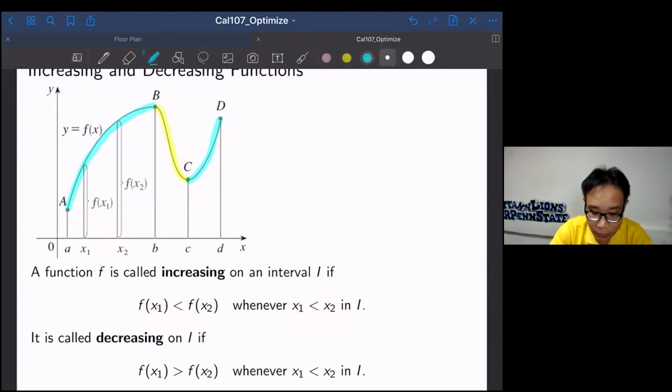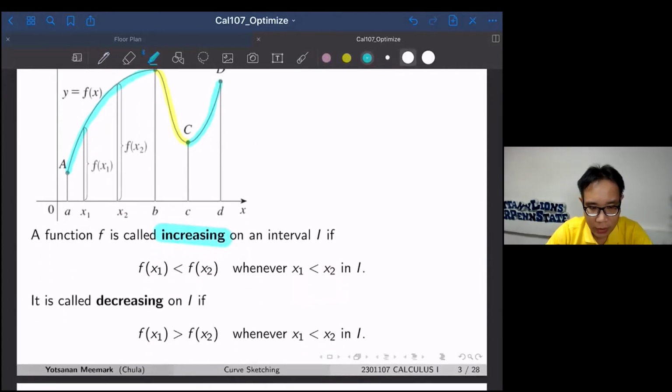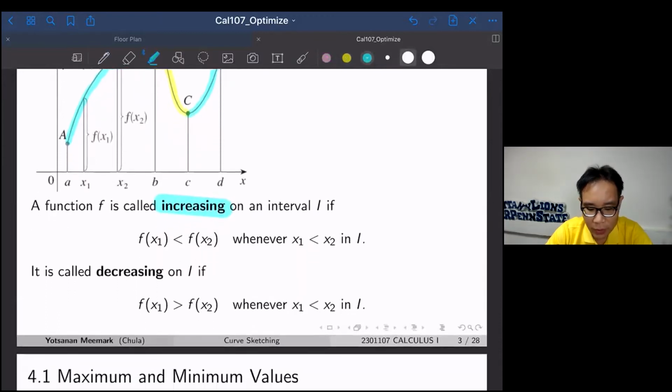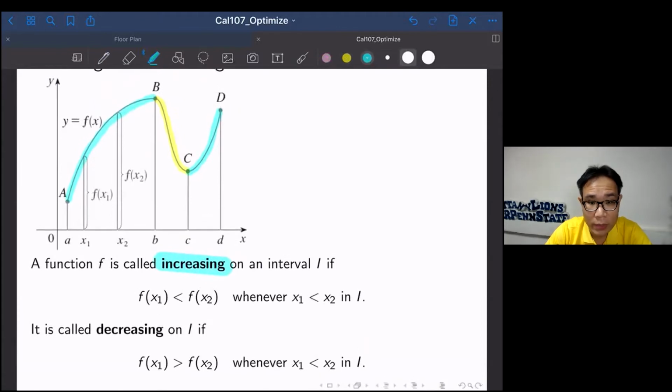This is the definition for increasing. Another one is called decreasing. It is called decreasing if f(x1) turns out to be more than f(x2) whenever x1 is less than x2. So you see this is the case where we have B to C.